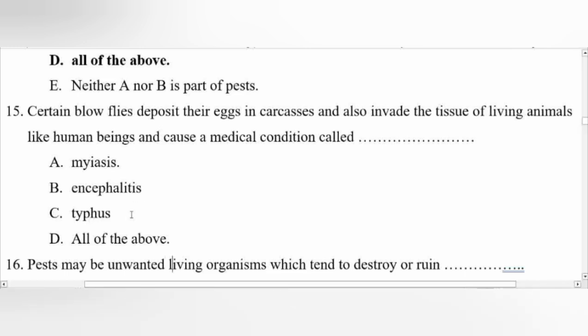But it's not typhus, which we associate with lice. It is not encephalitis either. Japanese, Venezuelan, and Western equine encephalitis are all mosquito-borne diseases, not blue fly ones. So our best answer here should be myiasis.